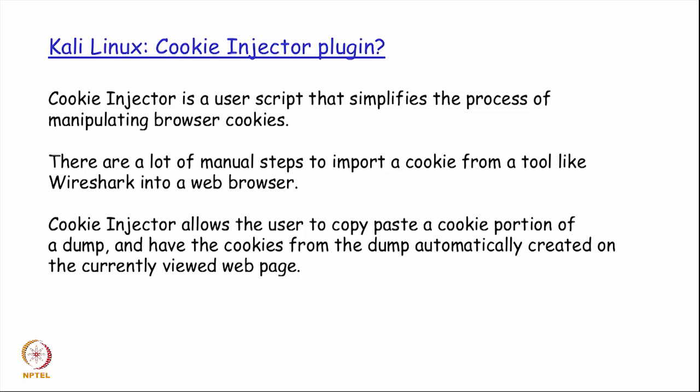Now, what the cookie injector plugin tries to do is allow the user to copy and paste the cookie portion of the entire dump that I get. So, I sniff the network, capture the traffic, and dump it on a screen or onto a file.